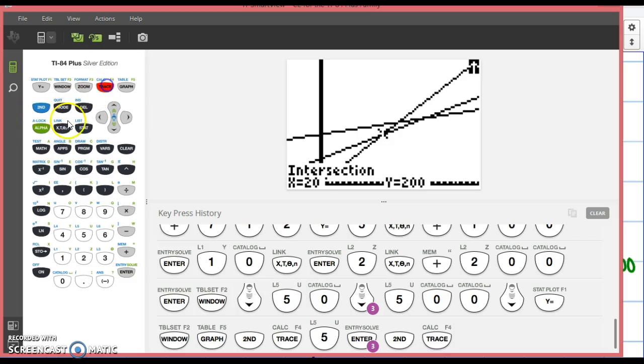Second, calculate, 5. Now, my first curve is 5x plus 100. So let's go with that one again. Hit enter. Now, we just did this one, so watch what I'm going to do. I'm going to use my down arrow.